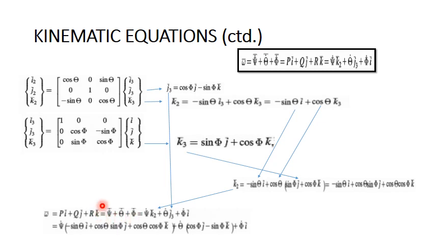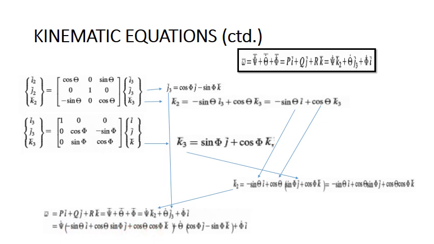Psi dot, we proved that is equal psi dot K2, and now we have K2 in terms of I, J, and K, plus theta dot J3, and now we have J3 in terms of J and K, plus phi dot I. So substituting from these equations into the omega equation, we get the following expression.